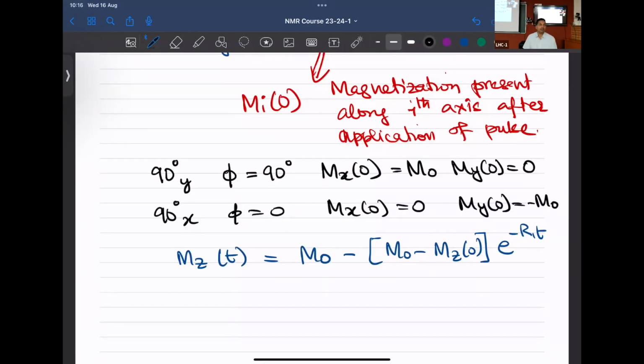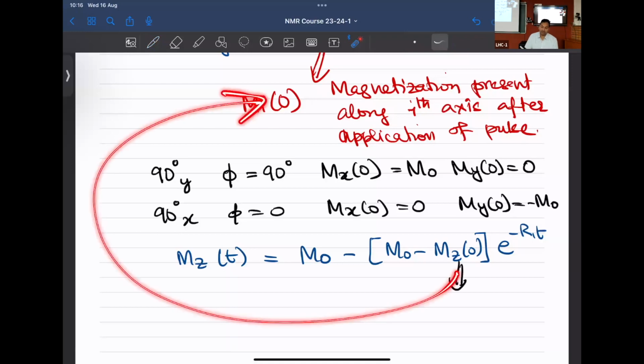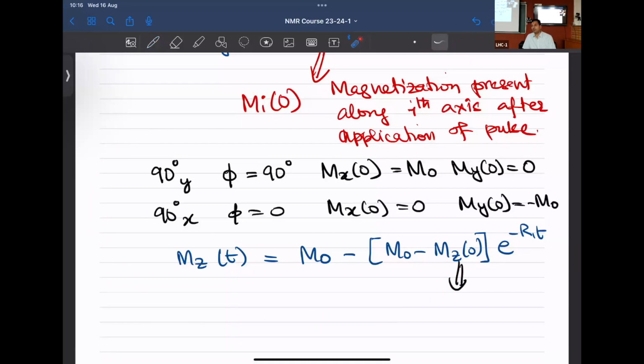So for a similar example, let's try to understand what is Mz of 0. Mz of 0 carries the same definition as of Mi of 0, meaning that after the application of a pulse, when you're starting time 0, what is the magnitude along z? So when you end up applying a 90-degree pulse, that's going to go to 0. So let's write the same thing.